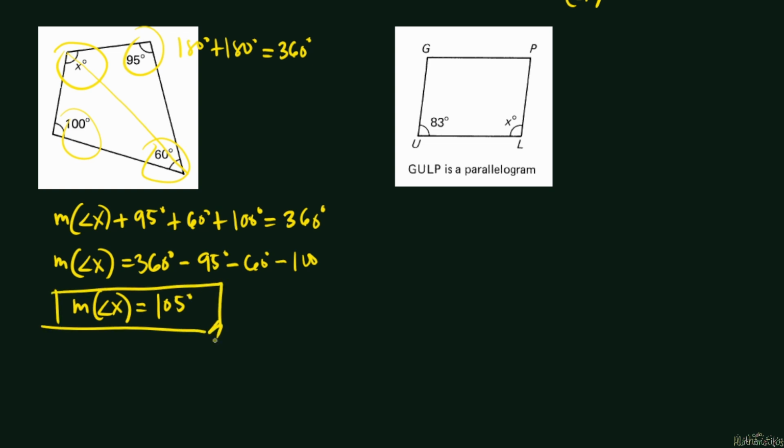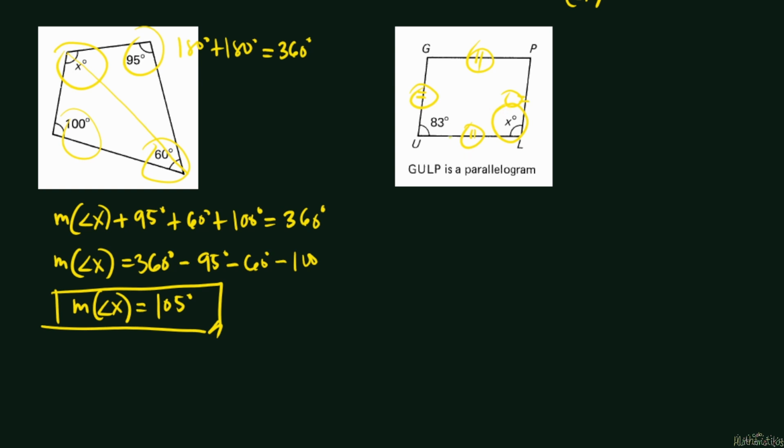And lastly, this one, you need to find the value of x. It says that this figure here is a parallelogram. So meaning this side here and here are parallel, and this one also are parallel.